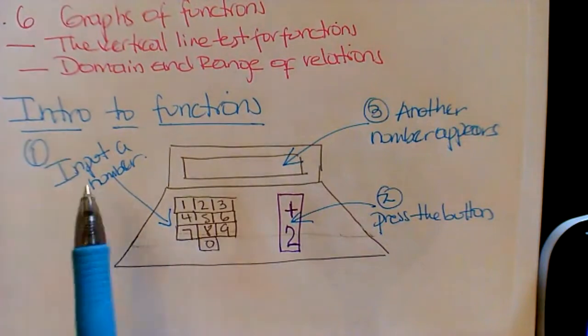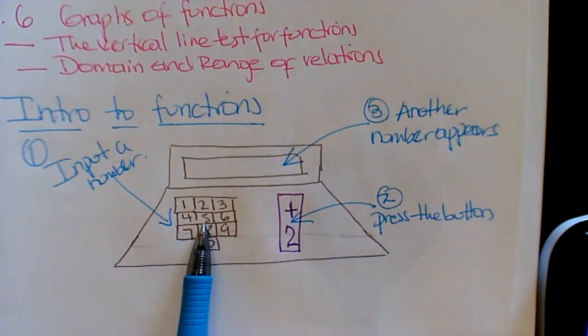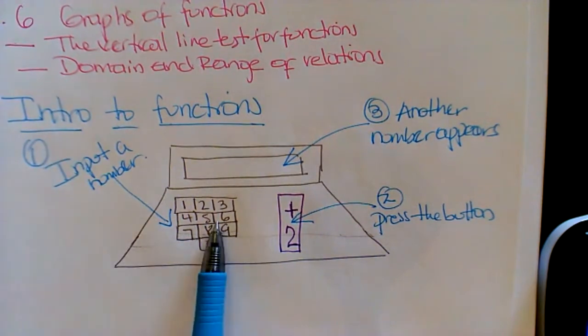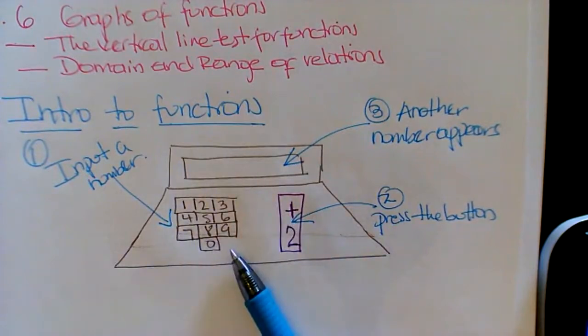We put a number into a function. Let's say that that's the first step. When we do that, this is known as the input or the domain of the function, when we're putting in a number. Now, then the function works its magic.